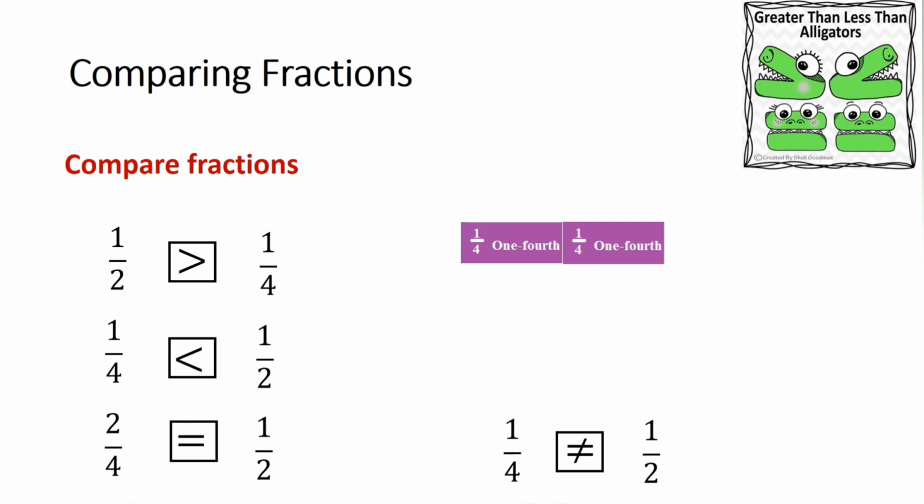All these should be discovered by the students, so that the students interact with the manipulatives to enable them to determine whether a fraction is greater than, less than, equal to, or not equal to.